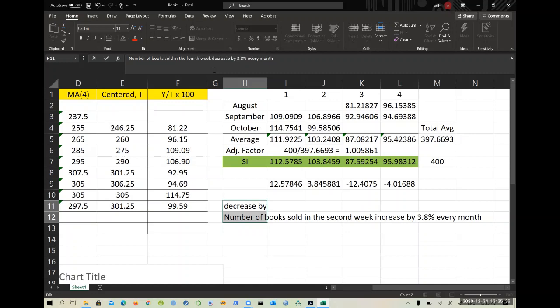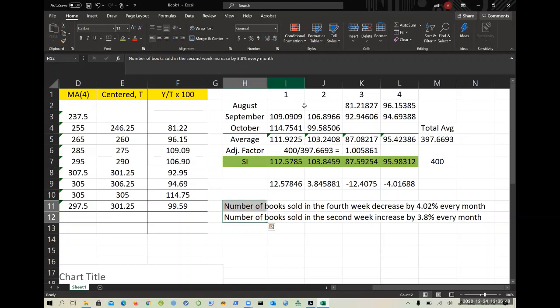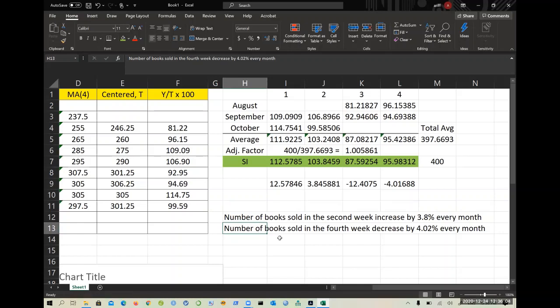Not by -4, so by 4.02% every month. Okay, so itu beza dia. So yang ni adalah increase. Sorry, yang ni sepatut yang atas. So this one increase, decrease. Okay, so second week increase by 3.8%.